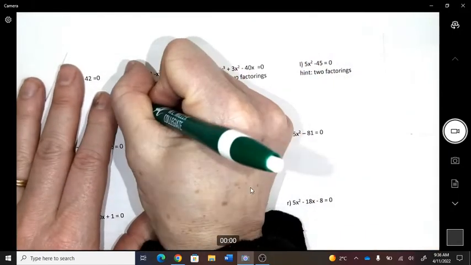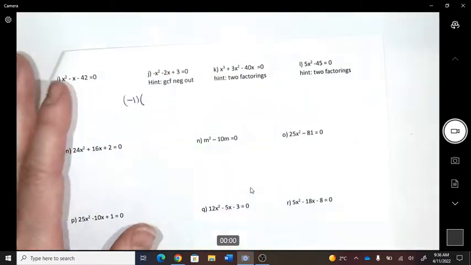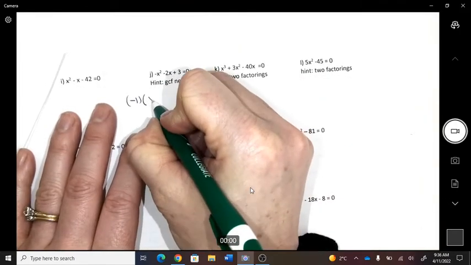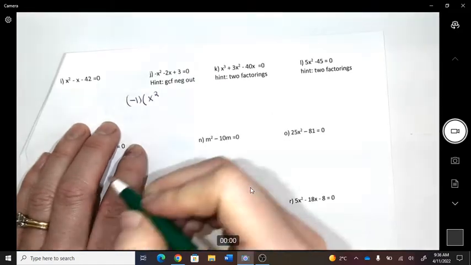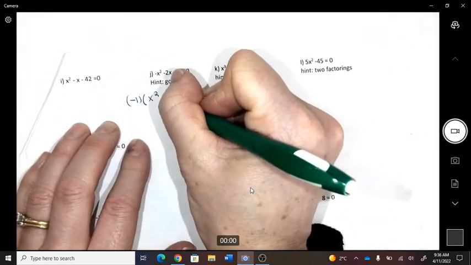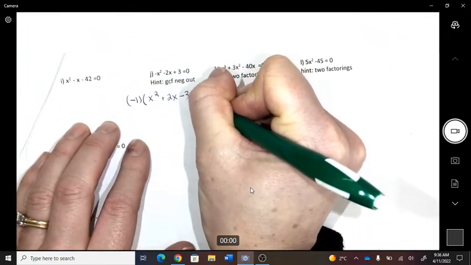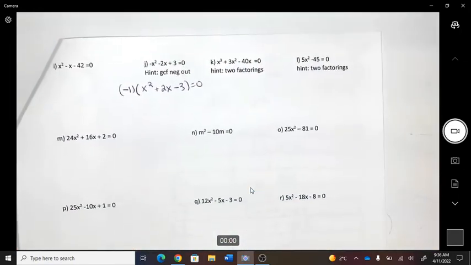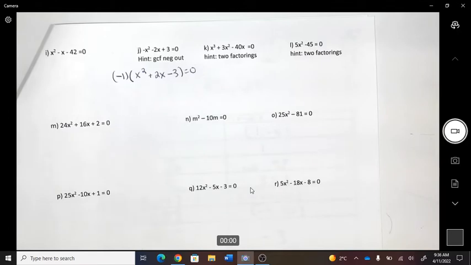So I'm actually going to take a -1 out of it because I really don't like to start factoring with negatives. So once I take a negative out, that's positive, that's positive, that's negative. So the negative out will change the signs of everything.